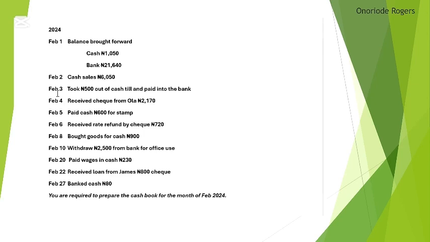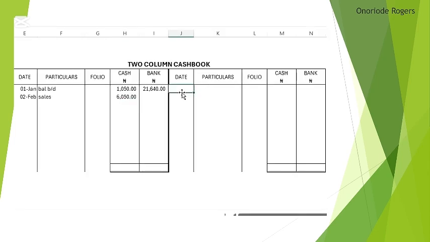On February 3rd, took 500 out of cash till and paid to bank. We took from cash and paid to bank. That means cash gave out and bank received. So now let's go to the credit side and show that on the 3rd. Something left the cash. How much left the cash? 500. We paid it out. Bank is the receiver.